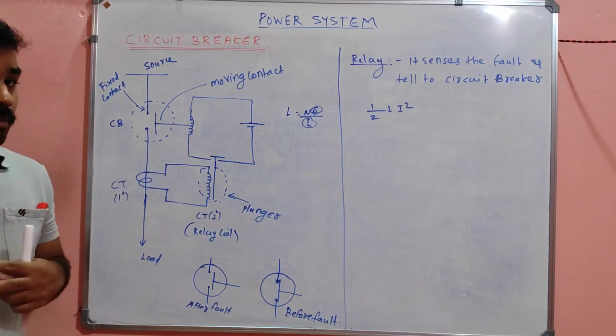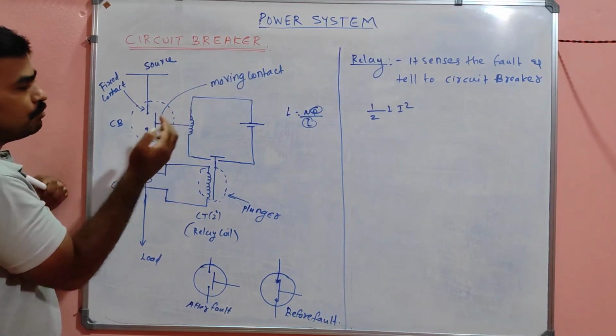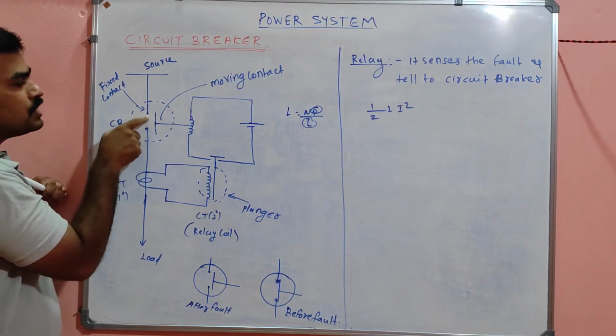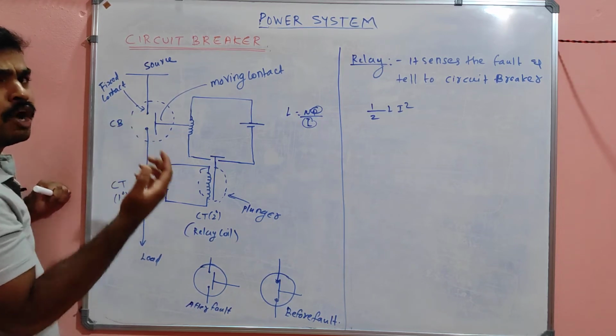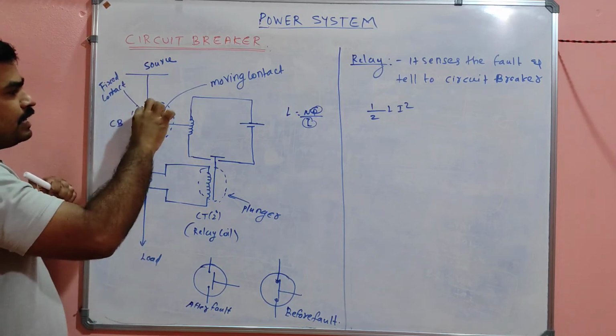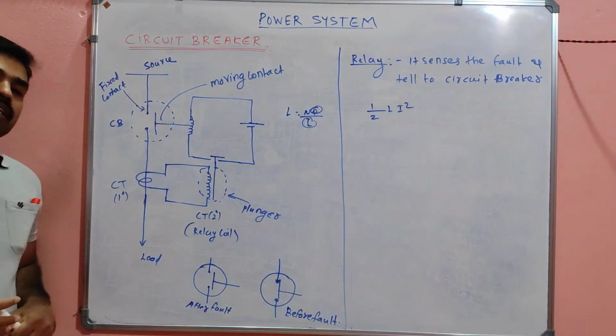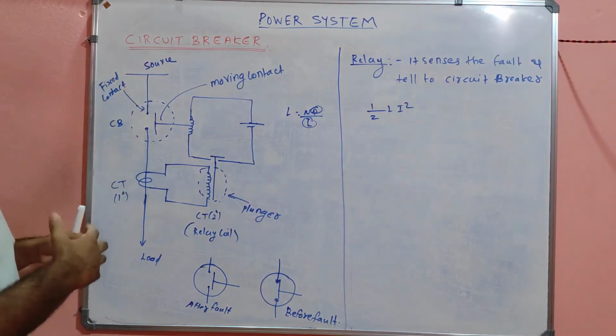But when the circuit suddenly breaks, a high potential difference exists between these fixed contacts, because it's an open circuit. Source is here, earth is here, so there will be a high potential difference in between, and those two points will act as a capacitor.